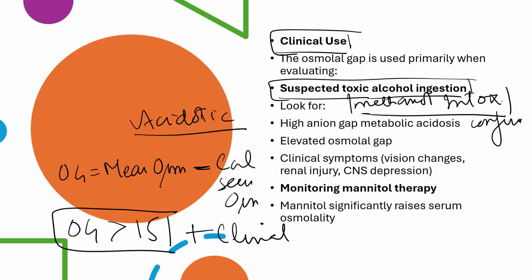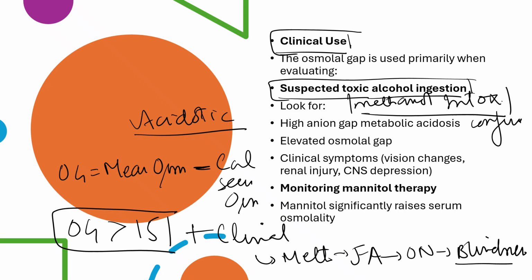So let's say in any patient with methanol ingestion, which can be present in antifreeze, methanol can be converted into formic acid, which can affect the optic nerve, which can lead to blindness. So these patients sometimes require fomepizole therapy to reverse it. That's the clinical importance of elevated osmolar gap to reach the diagnosis.